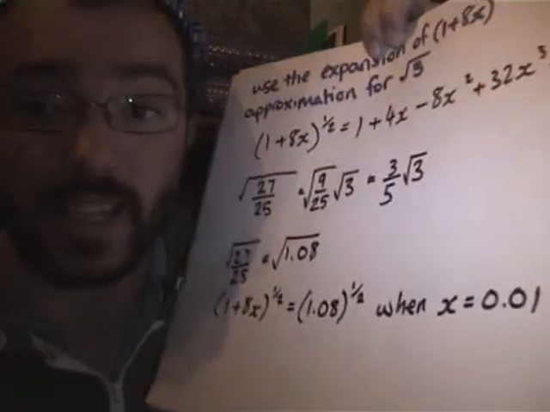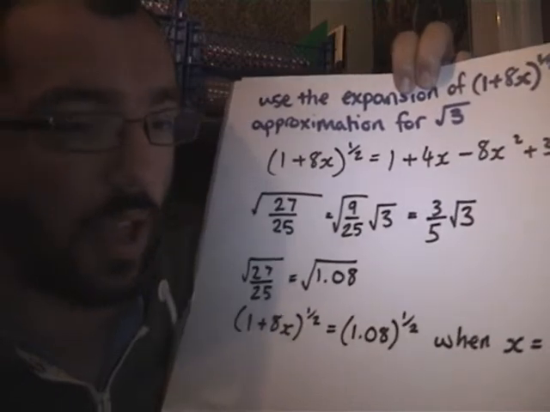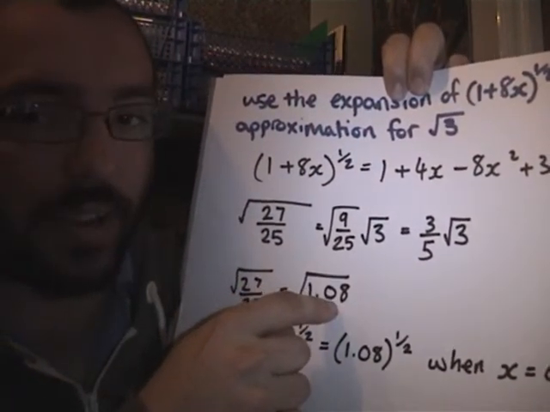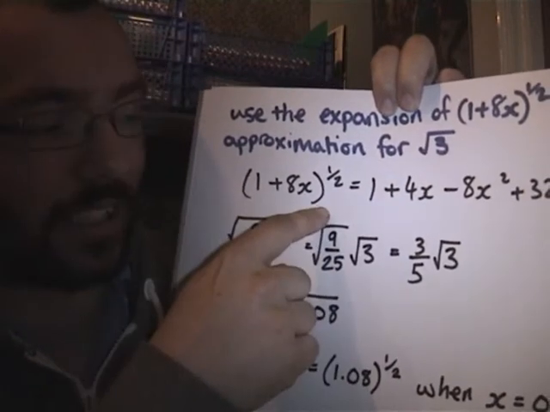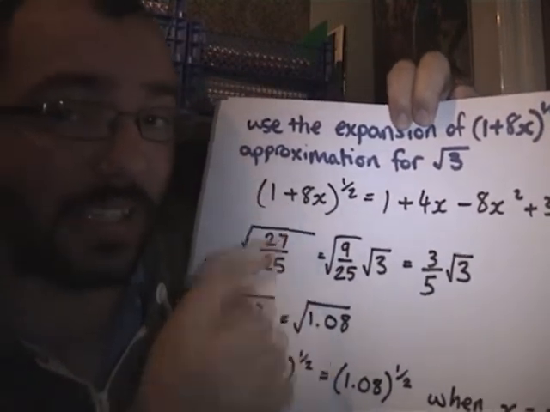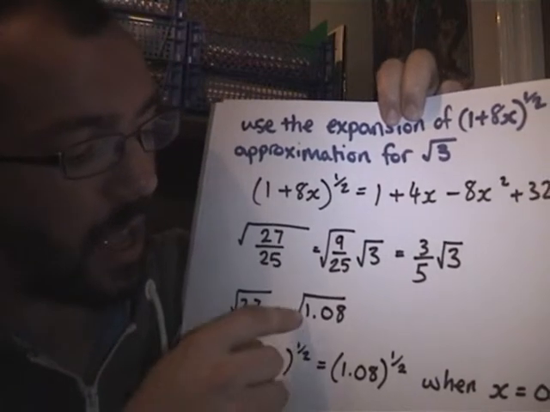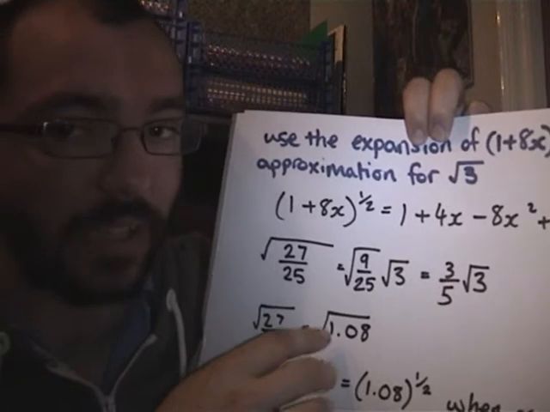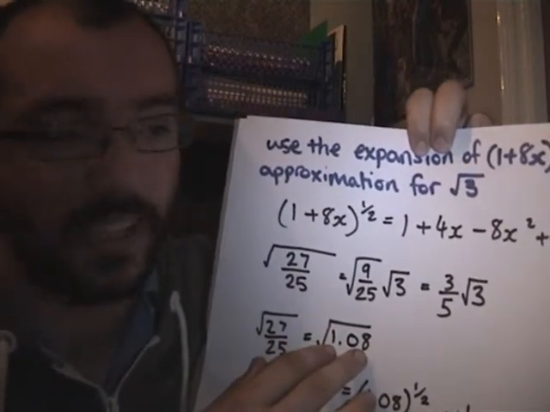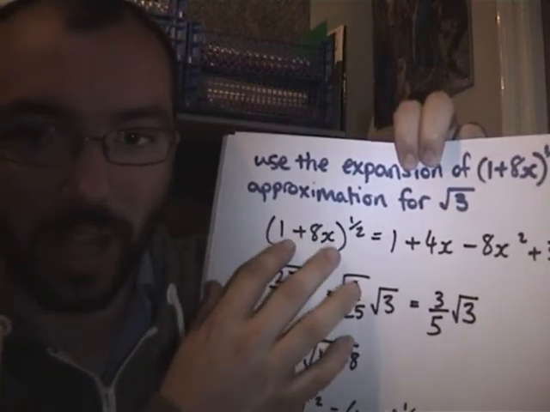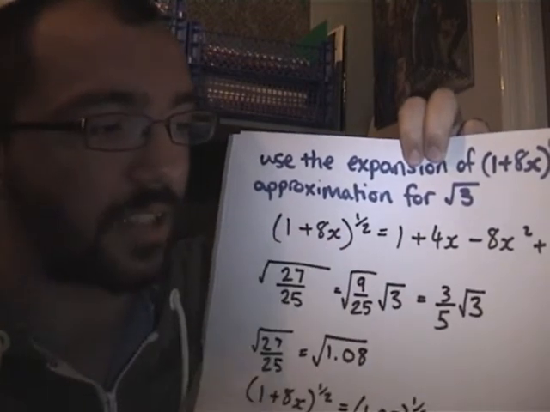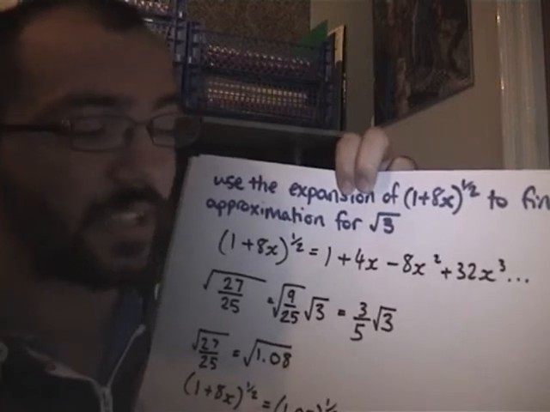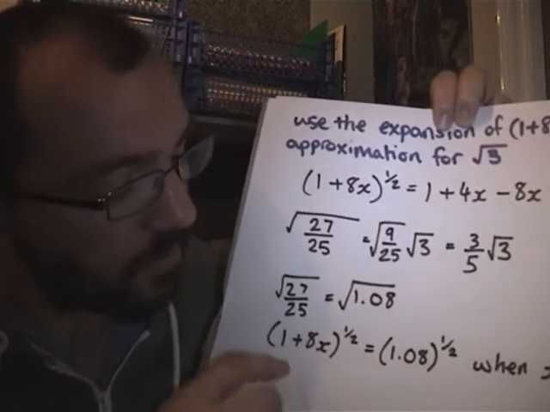Okay, and this is what I can do. Root 27 over 25 is 1.08. Now, we're getting very close to this, and now you can probably see why I picked the 8 to go there. And by getting this number, which is very close to 1, and the closer to 1 we can get this, the more precise our answer is going to be, or effectively the less terms I'm going to have to do to get it to be precise.